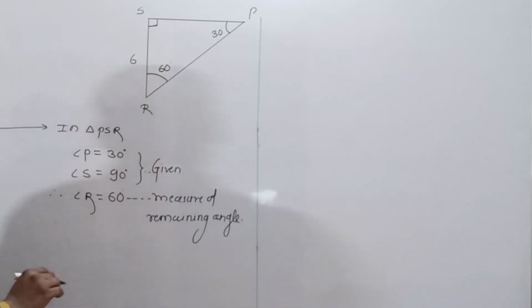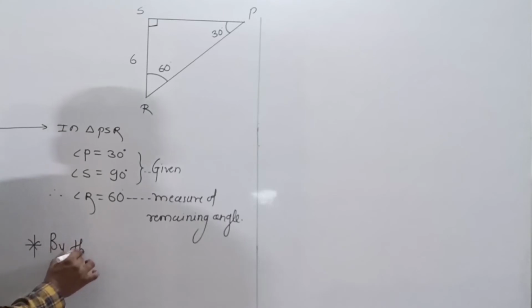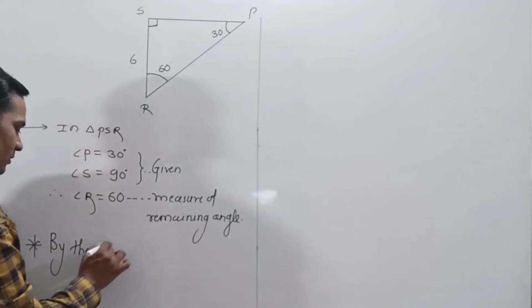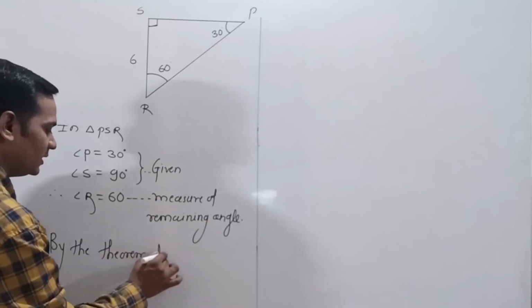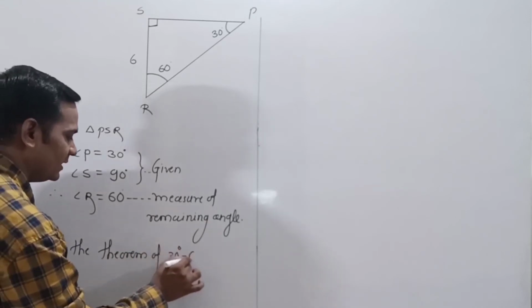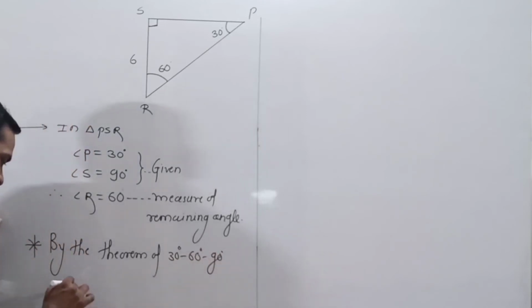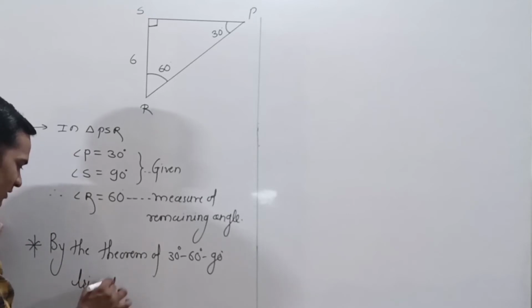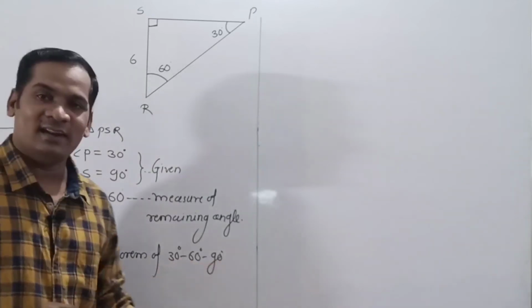And if it is 60 degrees, therefore we can say that by the theorem of 30 degree, 60 degree, 90 degree triangle. Now what is that theorem? The 30, 60, 90 degree triangle theorem.